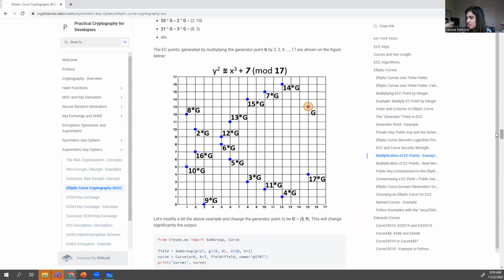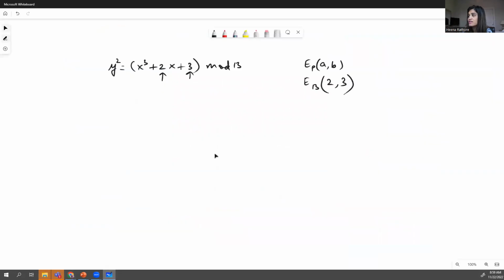When we take this generator G and multiply it, you are able to generate all the points at the end. Here in this case, this generator G would also be given to you. You do not have to compute the value. So let's suppose the generator for this elliptic curve, which is E13, 2 comma 3, is 7 comma 3.